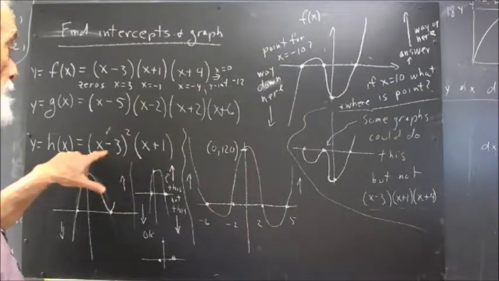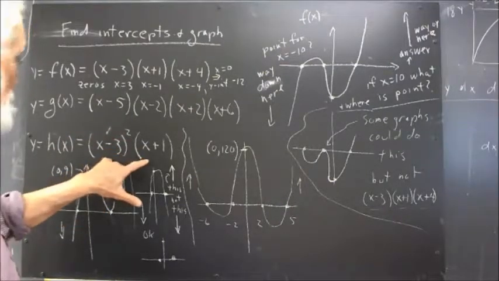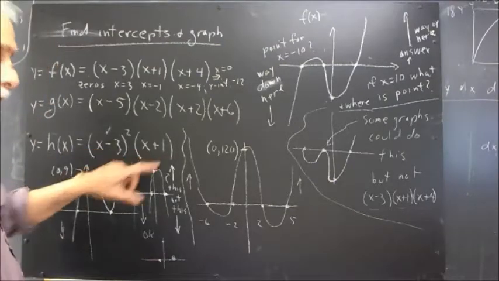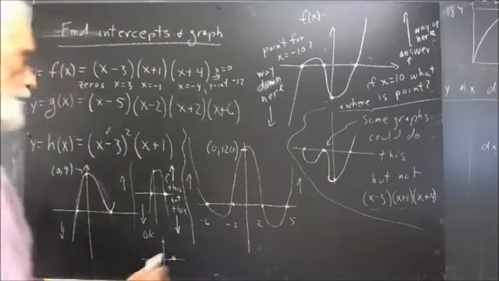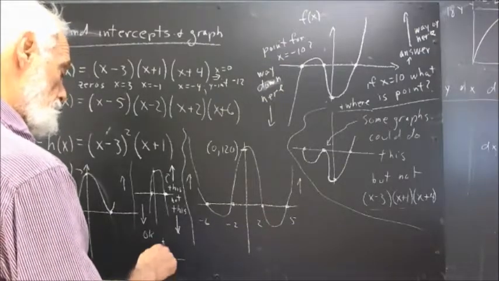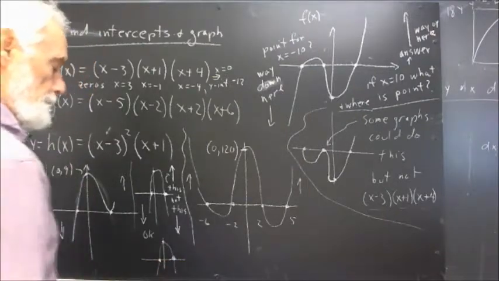So if x is anything but one of the zeros, if x isn't 3 or negative 1, this can't be 0. So there's no other point of the x-axis where this can pass through. So we're stuck. To get from here to here, we got to start below, and if we go down below here, we can't get back up.